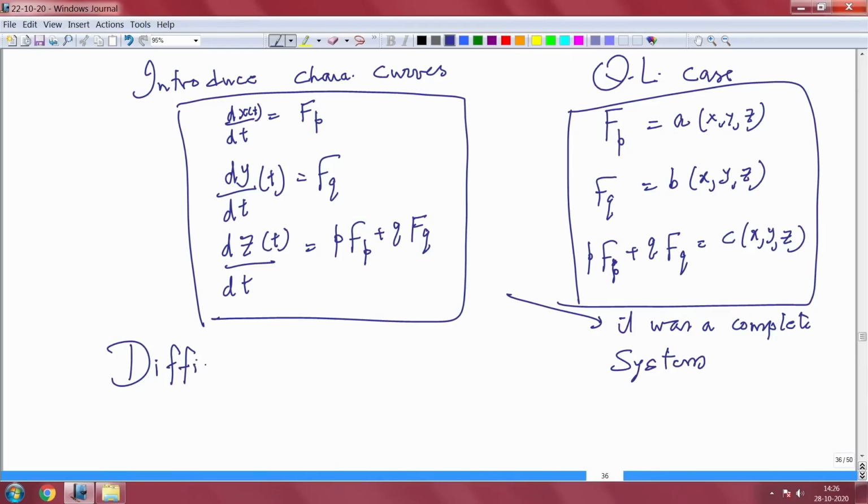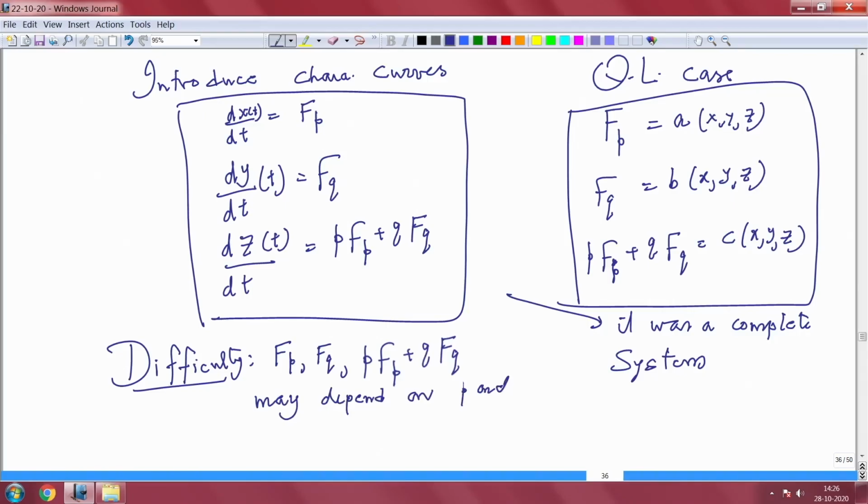The difficulty here: f_p, f_q, etc., p f_p plus q f_q may also depend on p and q, and hence star need not be a complete system.